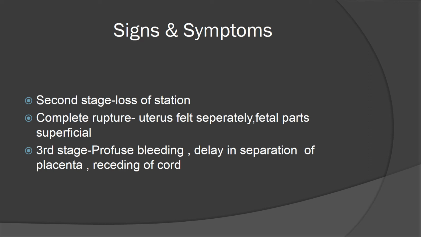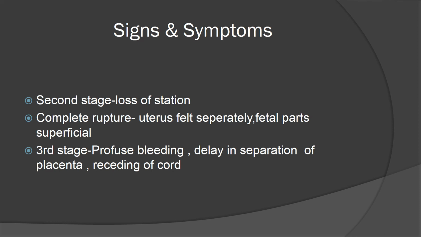During the second stage, which has the maximum number of ruptures, in addition to all the symptoms and signs that occur during the first stage, there is an additional sign called loss of station. During the second stage, as you all know, the fetus will be descending through the pelvic cavity into the vagina and may be felt per vaginam.